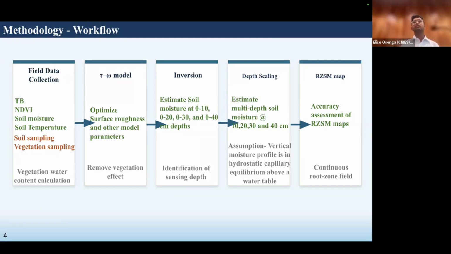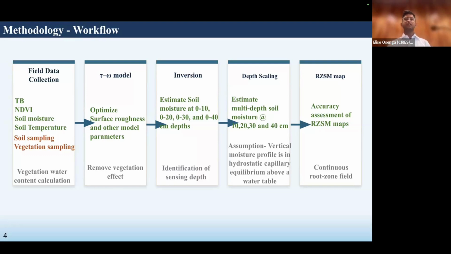The tau omega model has some parameters. We need to optimize certain parameters to estimate soil moisture, particularly the surface roughness, because potato is a furrow-based system, and surface roughness changes a lot in a furrow-based system compared to plain ground.